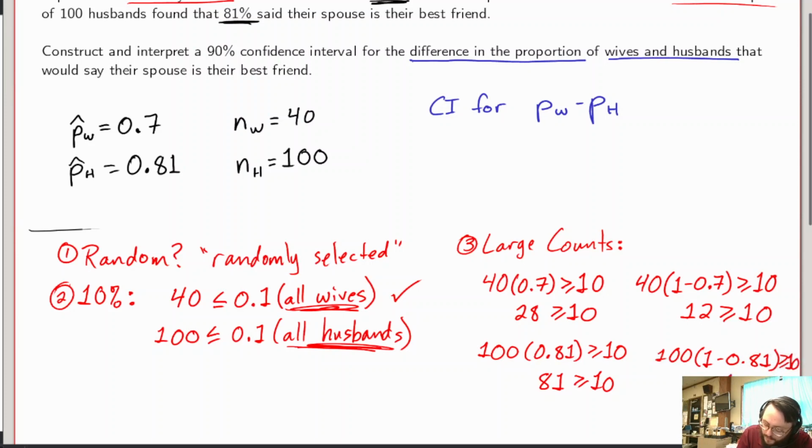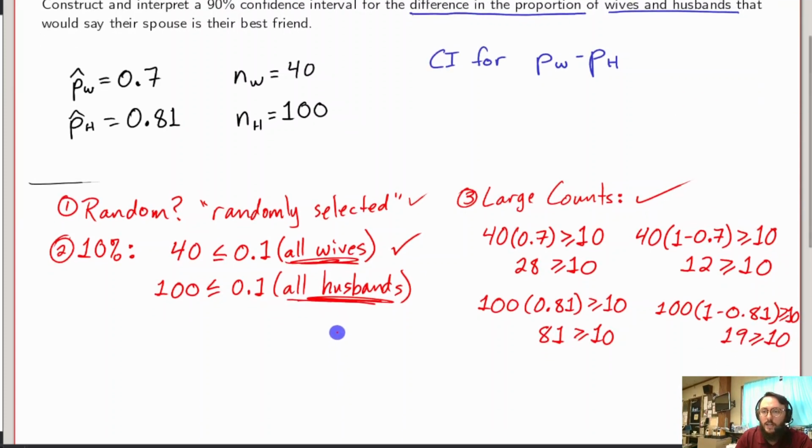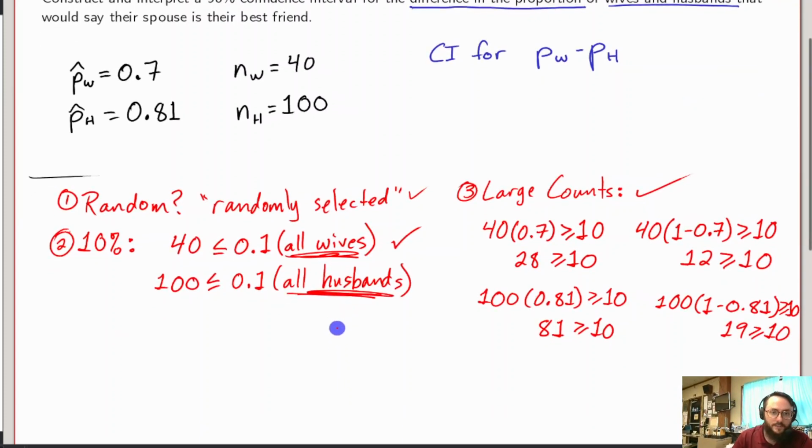Spoiler, yes it is: 19 is bigger than 10. So we meet the random, the 10%, and large counts. You need to show these things if you are actually checking the conditions, because just saying random yes, 10% yes, doesn't actually show me that you understand what the 10% condition is.